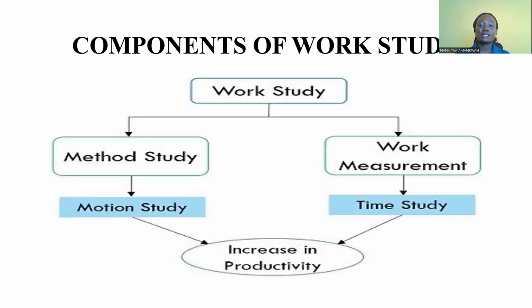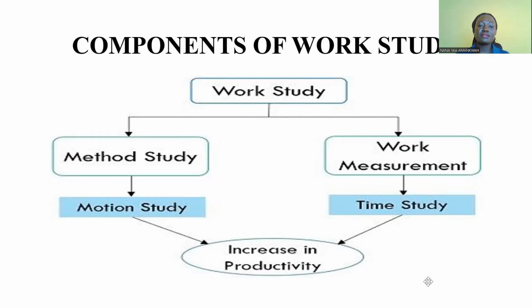Okay. So we want to quickly look at the components. When we say work study, what makes up work study? Now, from the diagram on the screen, you can see that work study can be looked at from two angles. So there are two major components under work study. We have the method study and then the work measurement.